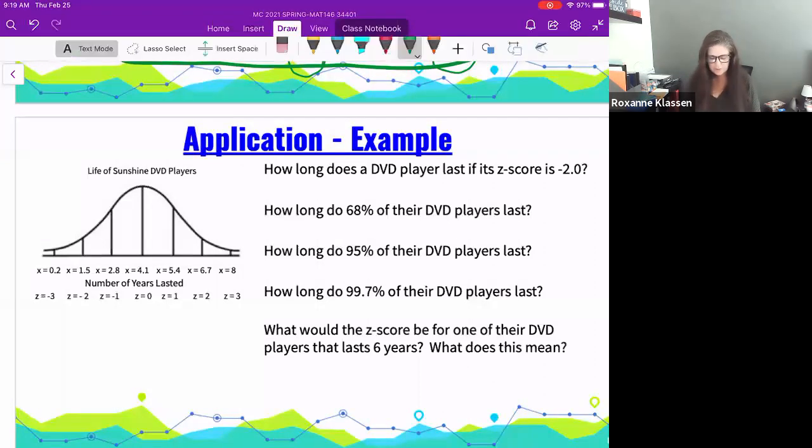So if we looked at our picture, a z-score of -2 is right here. And that would be an x value of 1.5, which is 1.5 years. Questions on that?